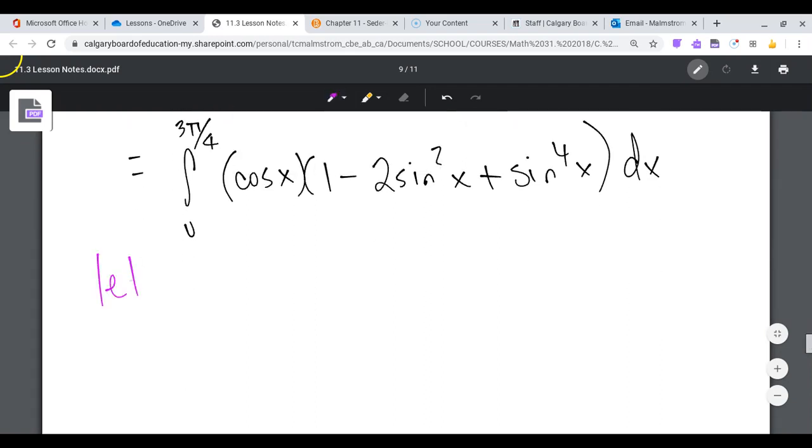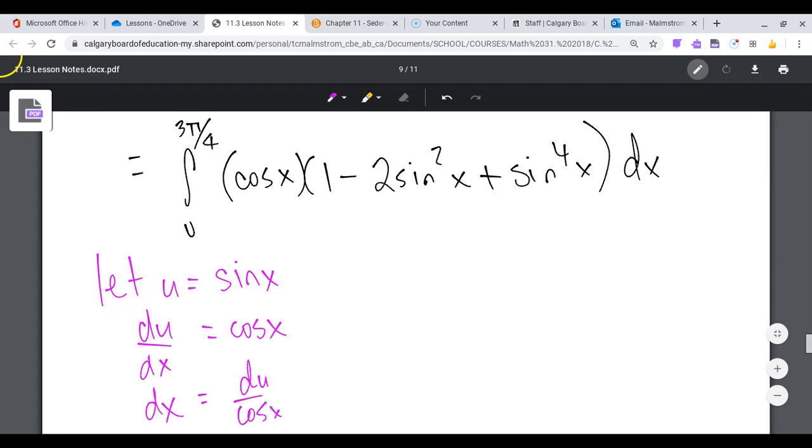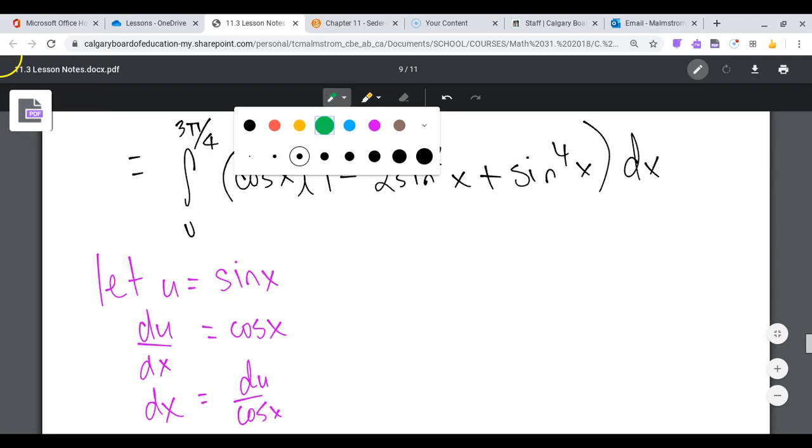I'm going to let u equal sine x, because the derivative of sine is cos. And when I rearrange that, I get that dx is equal to du on cos x. And so now I'm going to do my substitution. Whoops, I need my boundaries first, sorry.